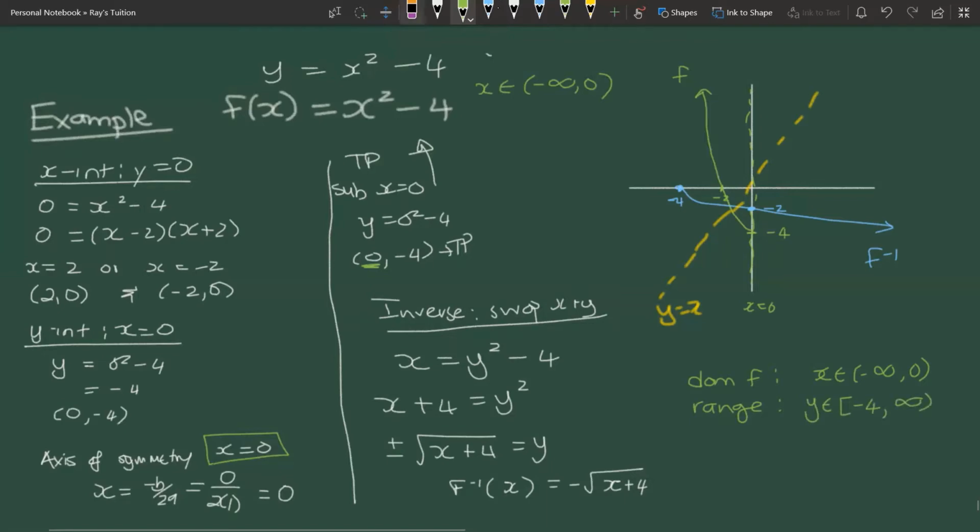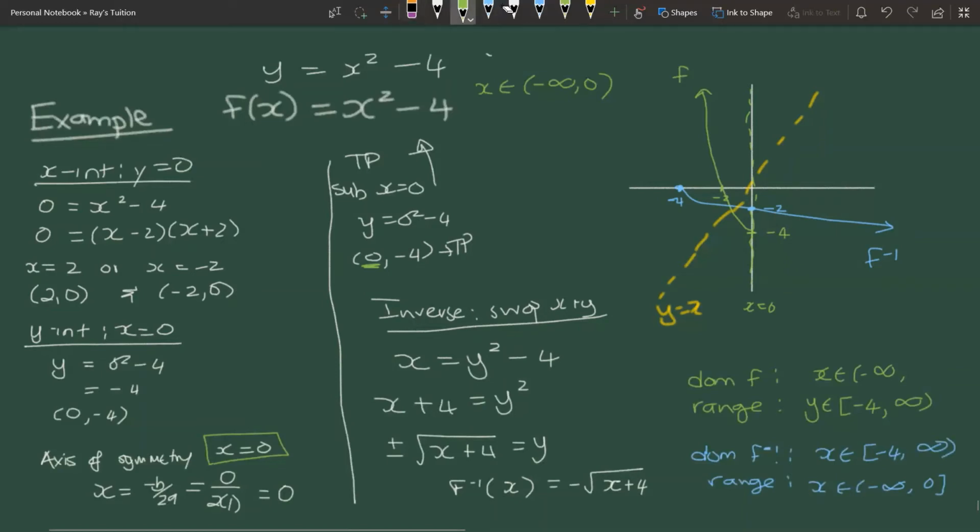And for our inverse, the domain, the x values it takes, is from minus 4 to infinity, and our range is y is an element from minus infinity to 0. Sorry, let's put square brackets here because it will actually go through 0.